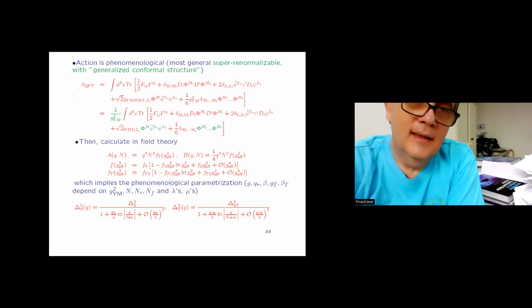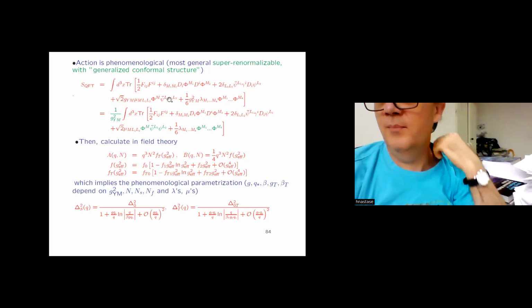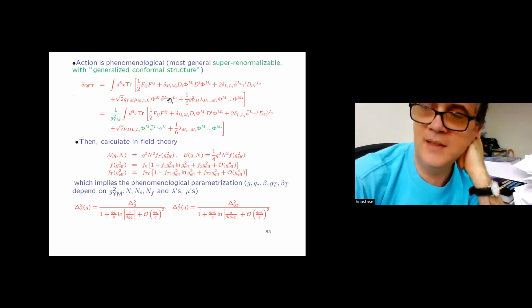And the generalized conformal structure means the only dimension comes in with a coupling. There's no other dimension. So I write specifically the G Yang-Mills in here, and then everything else, these mu M, L1 L2 and these lambda M1 M4 are dimensionless. So these are couplings for Yukawas and phi-4 interactions.